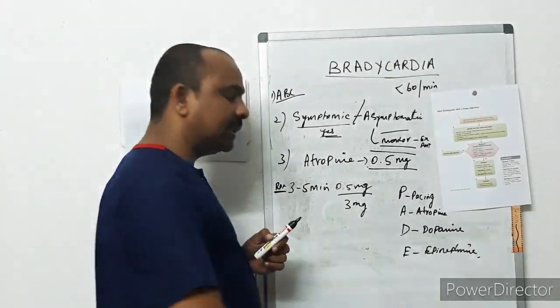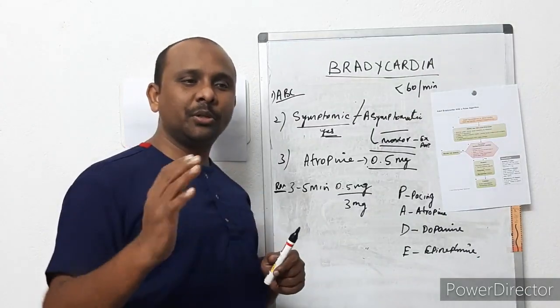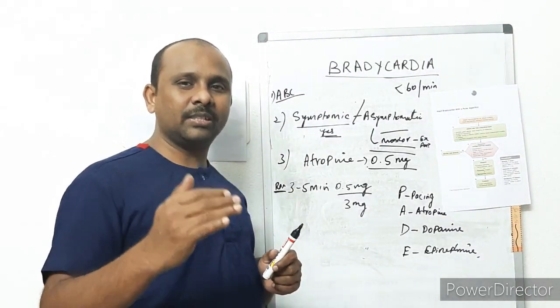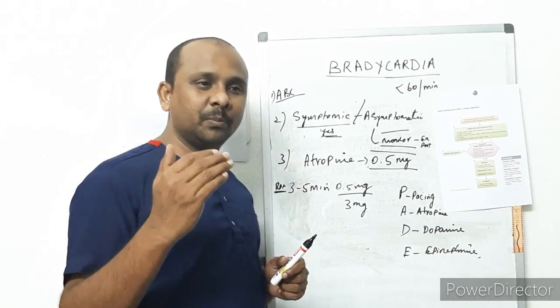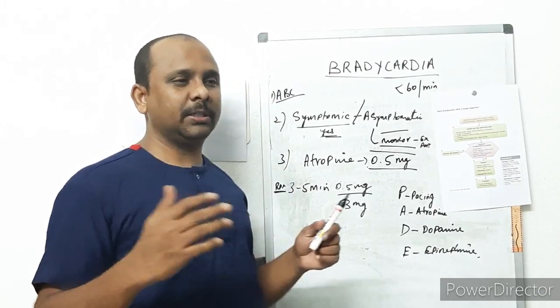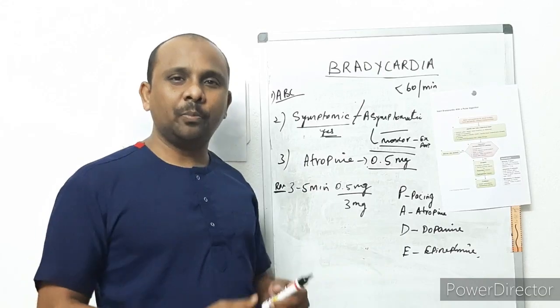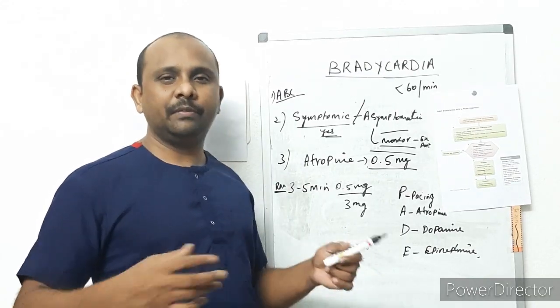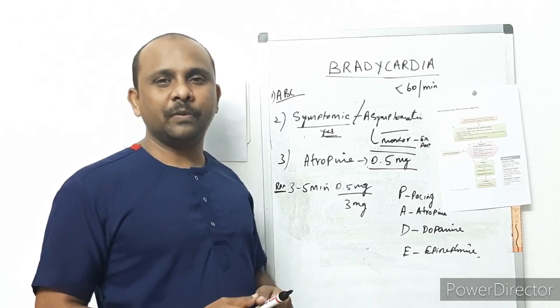If you give more than that, it will block all the receptors. The 3 mg is sufficient to produce the maximum effect. If you give more, it will produce the adverse effects of atropine. We all know that atropine crosses the blood-brain barrier, which will produce delirium, atropine delirium, stiffness of the muscle, dryness, fever, so many complications.